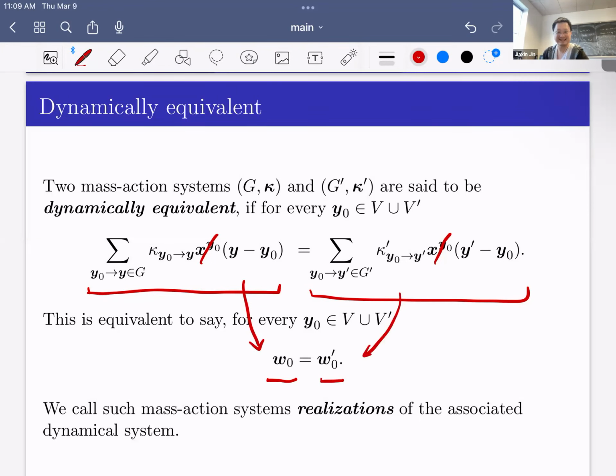I think this makes sense. That tells us that if on every vertex of both systems we guarantee the net reaction vectors are the same, then we can say both systems are dynamically equivalent.